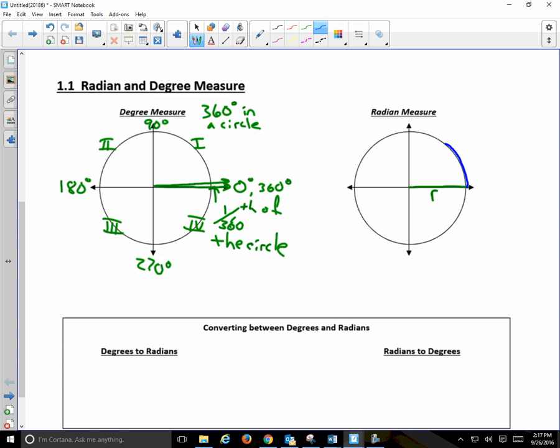Tiny bit longer? Okay. I think that's pretty good. We'll just stop there. I would say that then this length would be R, and the arc length would be R as well. When the length of the arc is the same length as the radius, that is 1 radian.